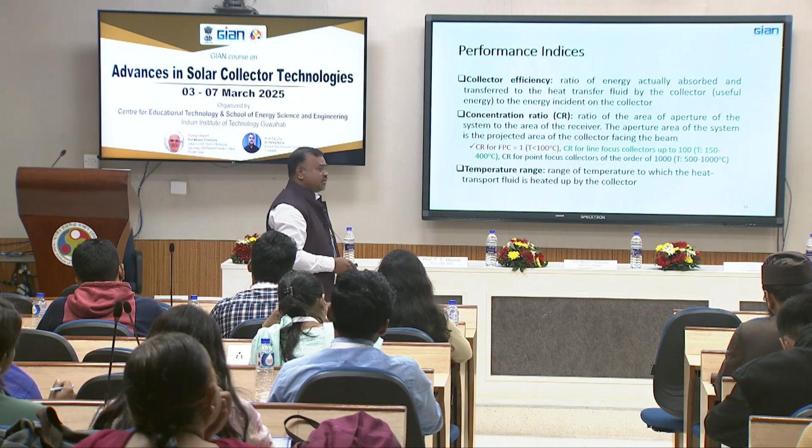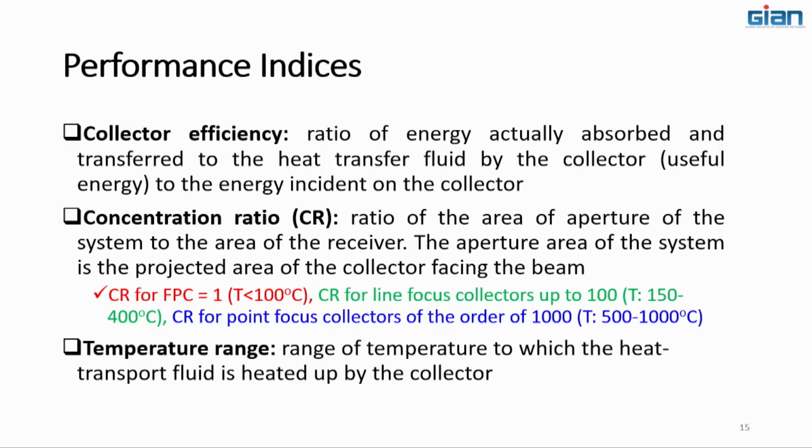We also need to mention three important things about this collector. These are called performance indices: collector efficiency, concentration ratio, and temperature range. Collector efficiency can be defined as the ratio of energy actually absorbed and transferred to the heat transfer fluid by the collector, which is nothing but the useful heat gain, to the amount of radiation incident on the collector.